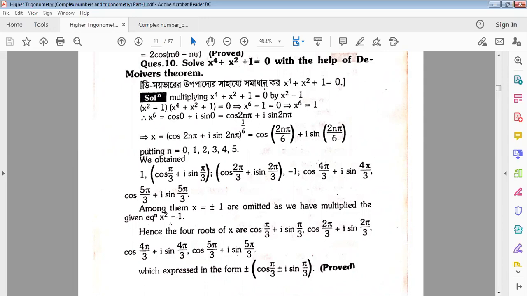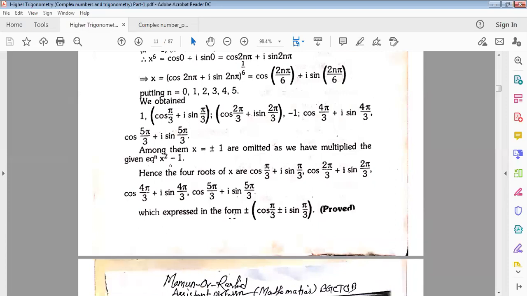This does not satisfy our given equation, so it is omitted. Hence the rest of the 4 roots are accepted, and x equals 1 and −1 will be neglected. Why? Because these roots do not satisfy our given equation. This is why the remaining 4 roots are our desired result.